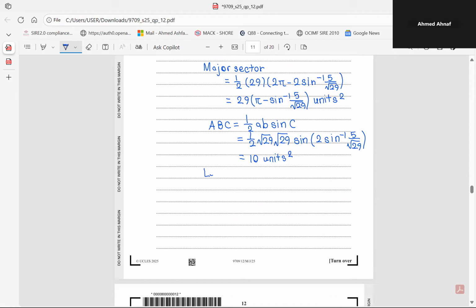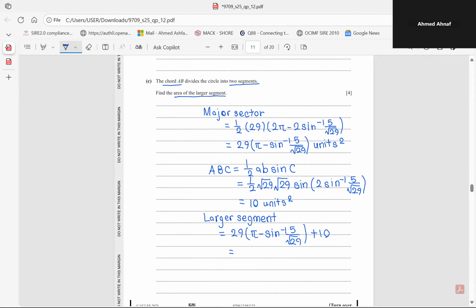Hence, the larger segment would just be the areas of these two areas combined. So just 29 times pi minus sine inverse 5 over square root 29, plus 10.